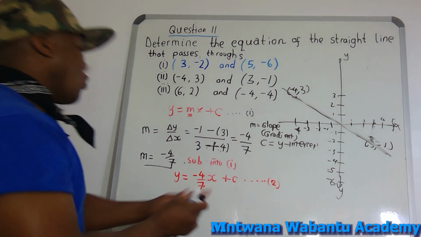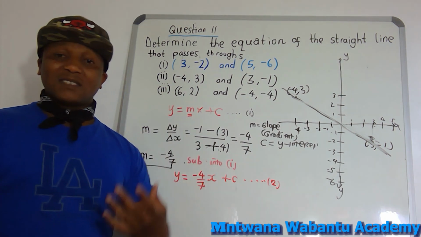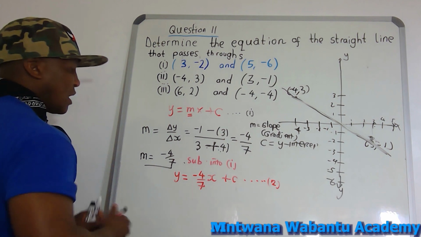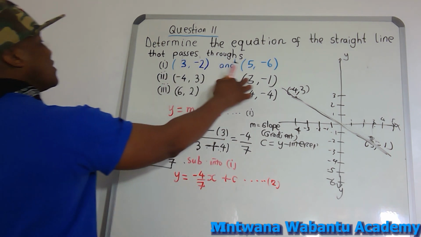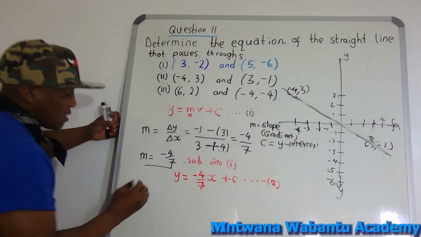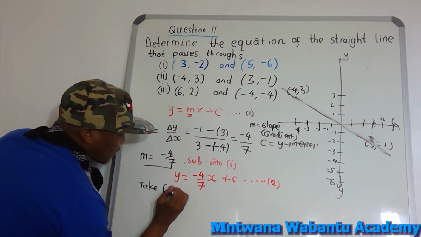So what are we looking for? We're looking for c. So always find m, and after you get m, then find c. Easy. To get c, either take this or that and substitute here. It doesn't matter. Let me take that: 3 and -1.